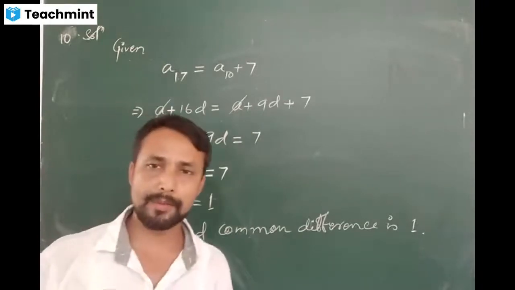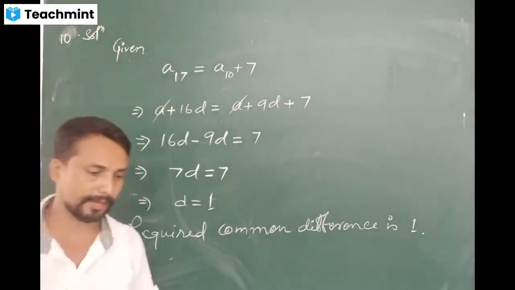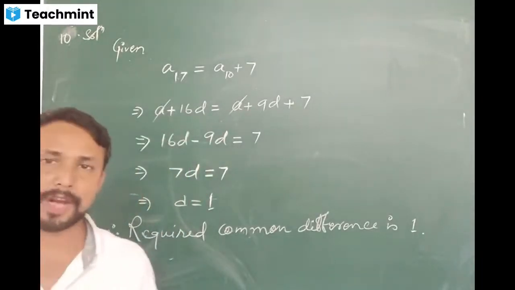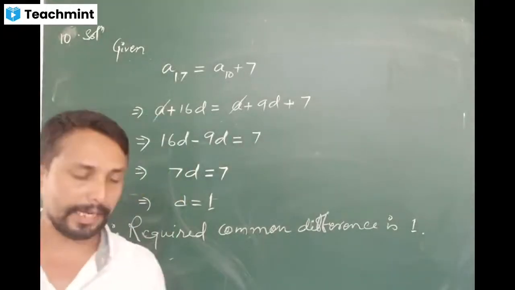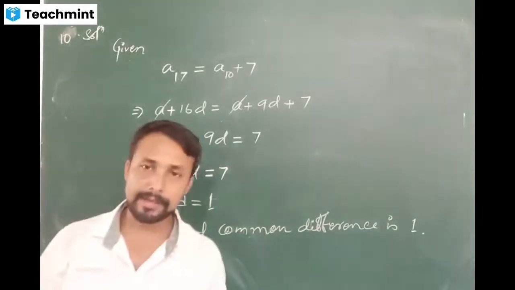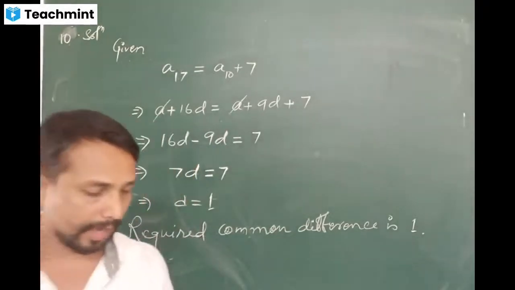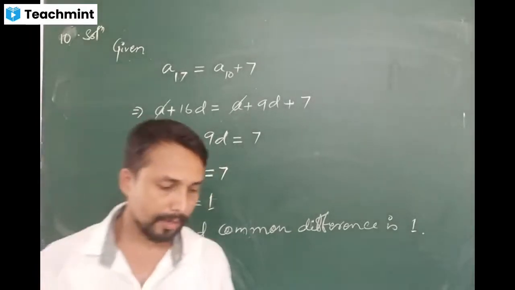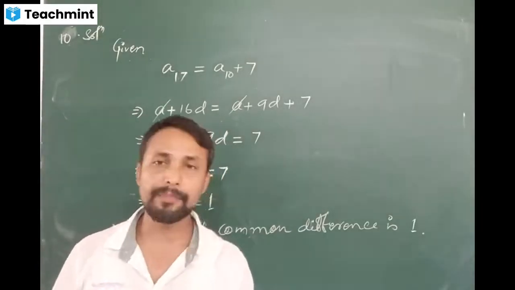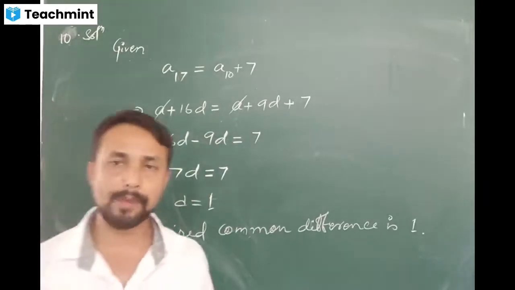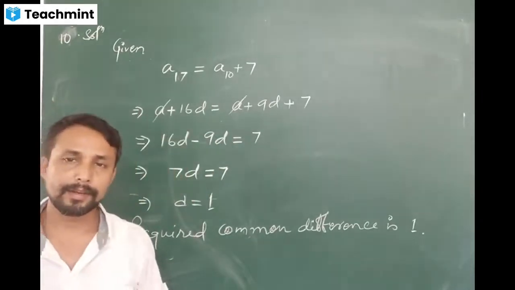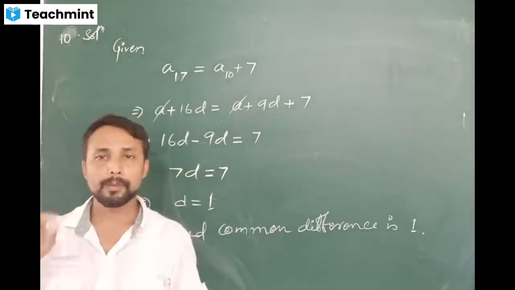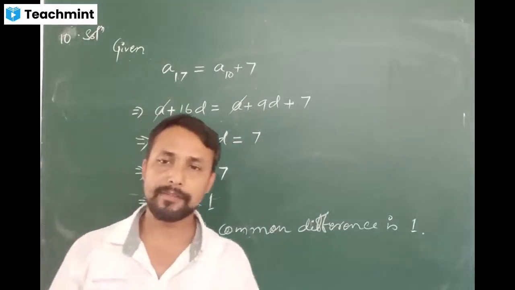A similar type of another question on AP, you can see next. Which term of the AP 3, 15, 27, 39 and so on will be 132 more than its 54th term?